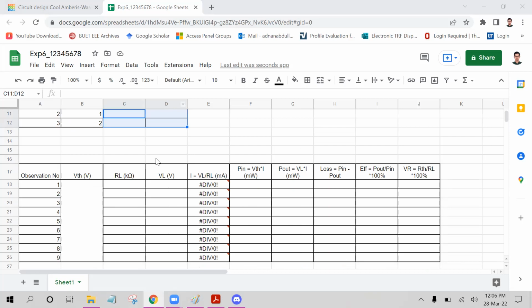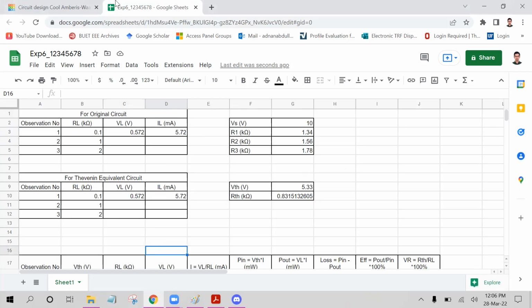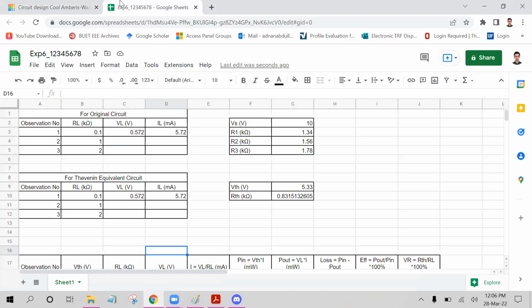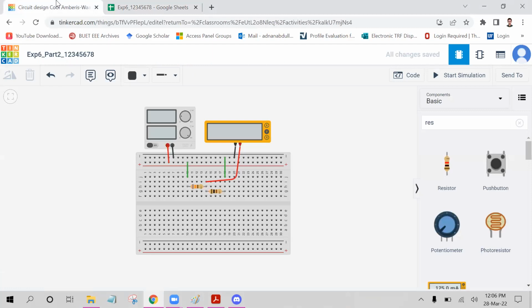Okay, is everyone done? Has anyone found any discrepancy between these two tables? Okay, I hope everyone is good.